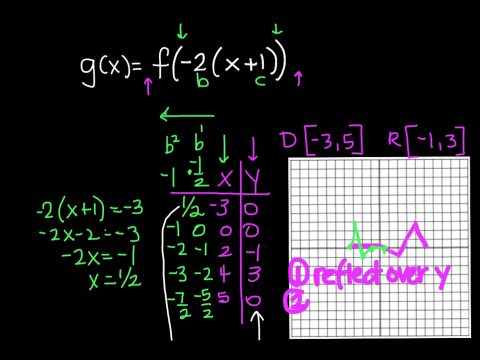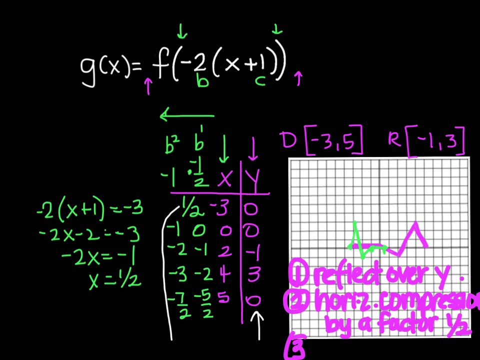The second thing that happened was I had a horizontal compression by a factor of, what did I multiply by? 1/2. We'll talk about why it's not -1/2 in a minute. I also had a horizontal shift left 2. Sorry that's so squishy. Make sure it's spread out in your notes.